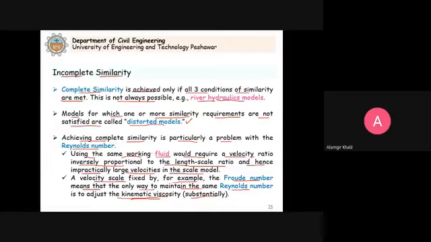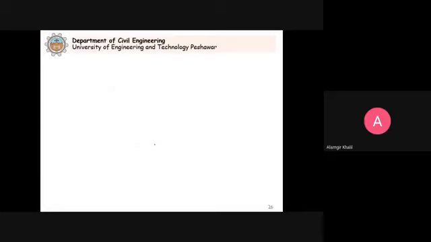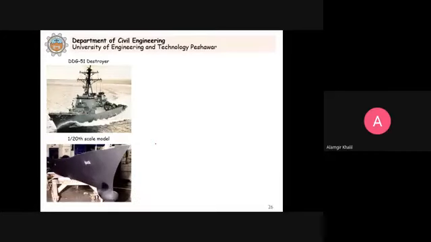So in this case, what do we do? Let me give you this example. You see that we have a prototype here, and this is a 1/20th scale model.